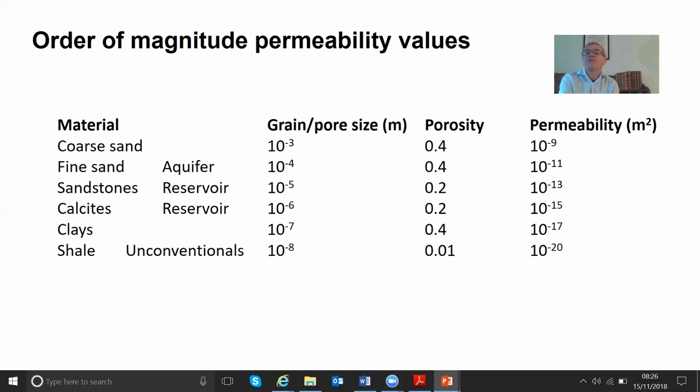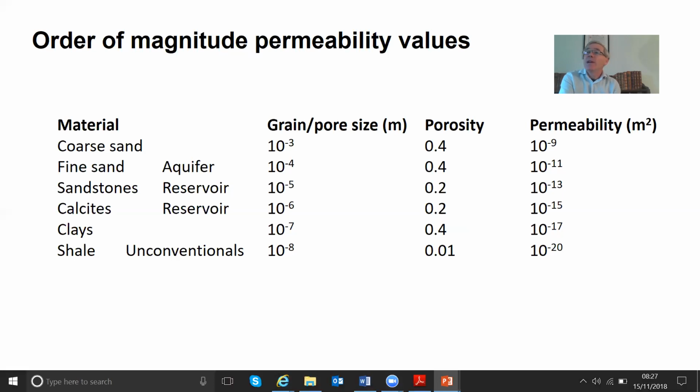Sandstones and calcites, for instance, or carbonates, will typically have grain sizes, or pore sizes, sorry, that are around 10 microns, we've already said this, maybe down to 1 micron. Lower porosities as well. And we normally have permeabilities that are in the millidarcy range. So 1 millidarcy is 10 to the minus 15 square meters. That's the sort of lower limit of an ordinarily productive oil reservoir. So about 1 millidarcy to 1 darcy, that typical range is what we see deep underground.